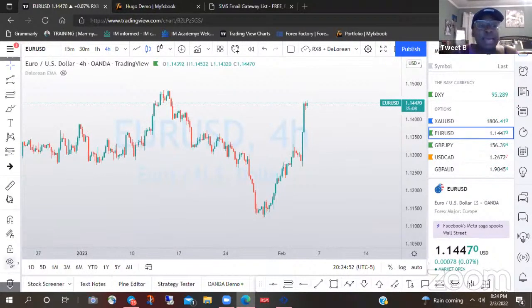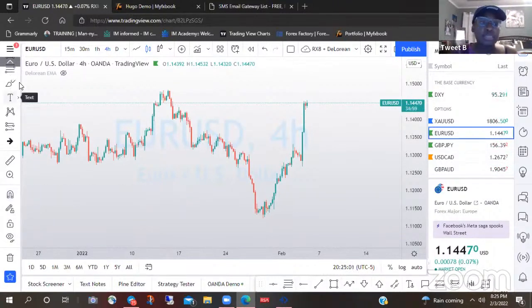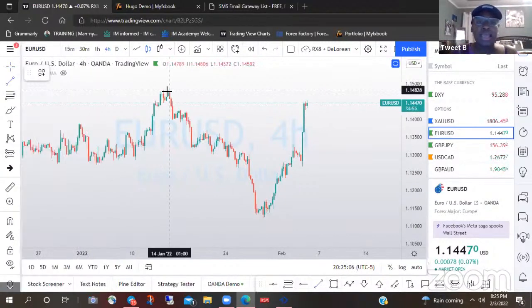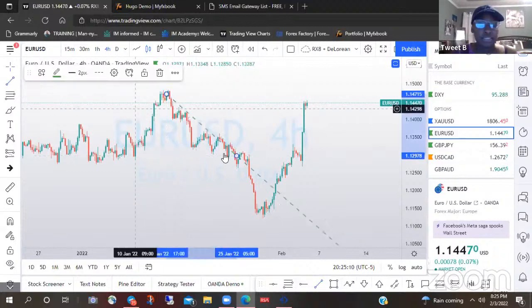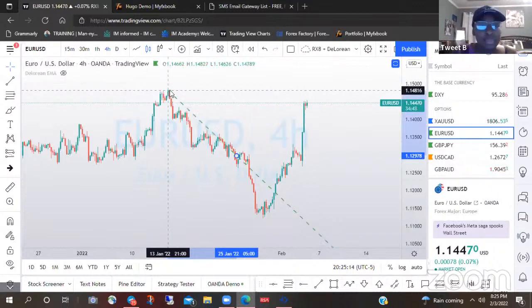This button is called the magnet. What this is going to allow you to do, if you're ever placing a trend line, and maybe when you put it on there, it's not really neat and clean, or you're having a hard time getting exactly on the candle you want.